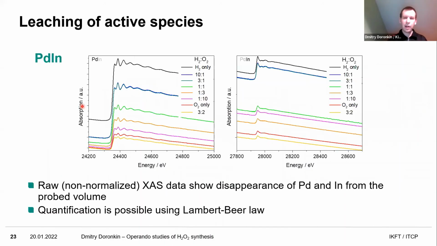And now I would like to finalize that part with something that many people do not actually analyze, which is the raw data, or quantification of the species in the beam or in the catalyst. Again, the problem with liquid-solid reactions often is leaching, which means the active metal is dissolved in the liquid phase and leaves the catalyst.